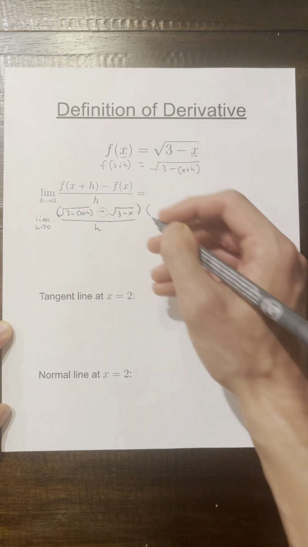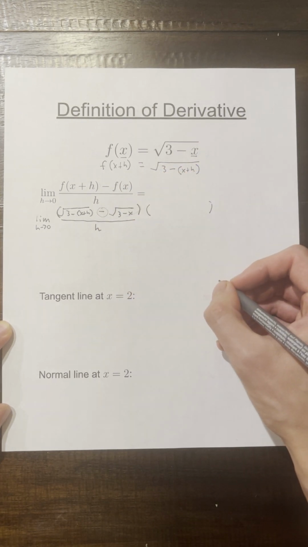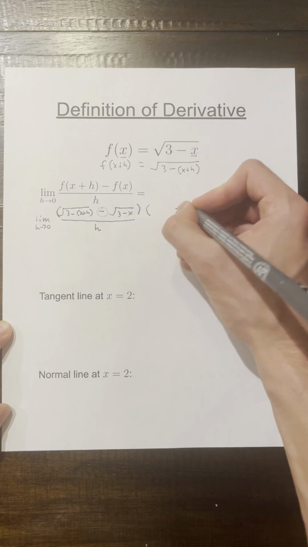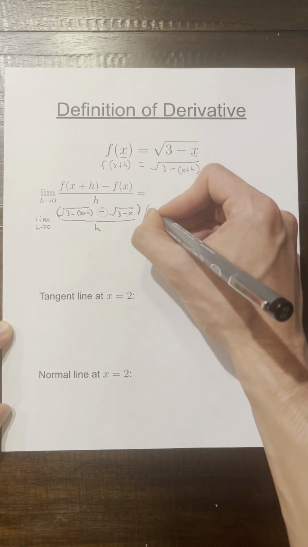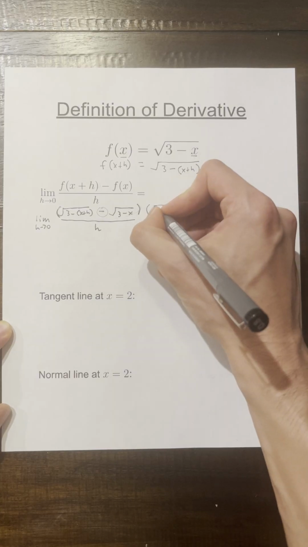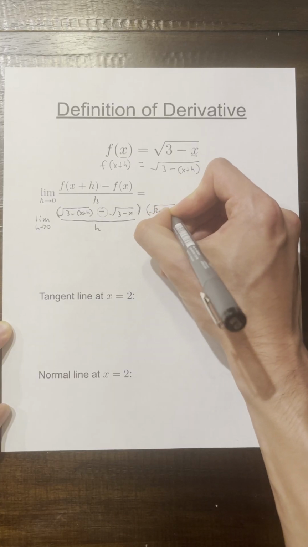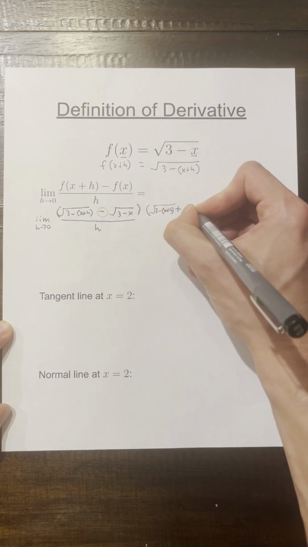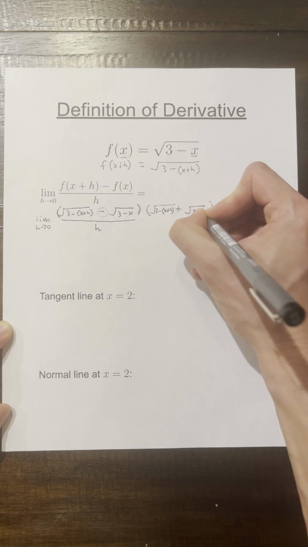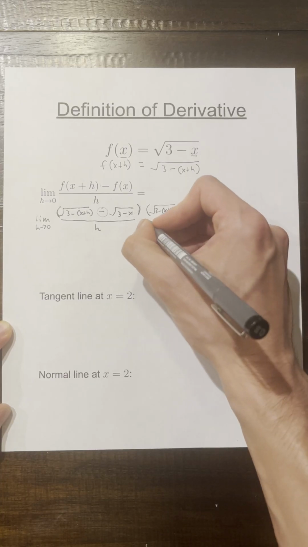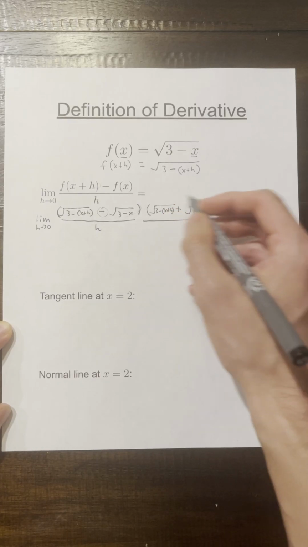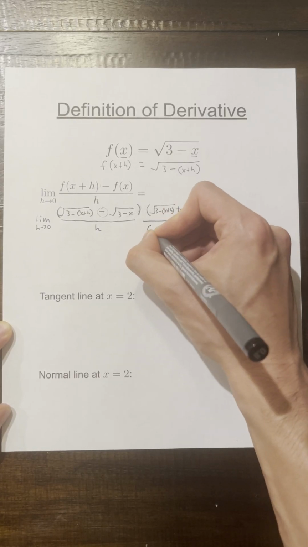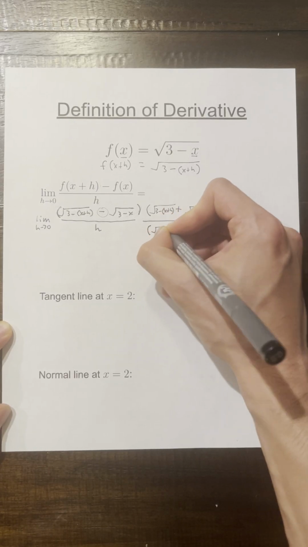So the opposite of subtraction is what? Addition. Everything else stays the same. So square root of 3 minus (x plus h) plus square root of 3 minus x. So we have to multiply the top and bottom by the conjugate. Okay, so let's go ahead and do that.